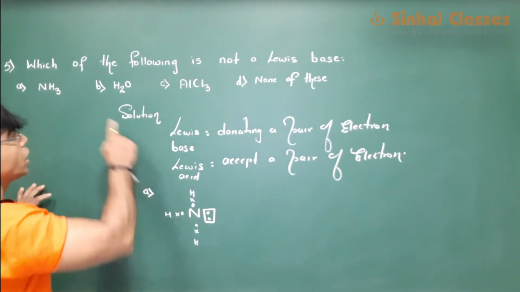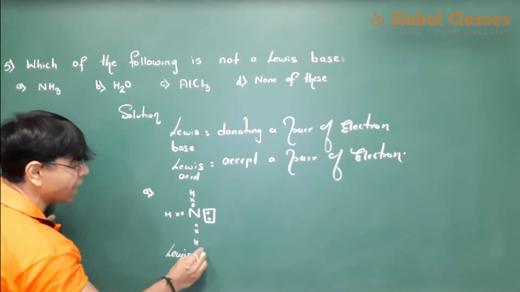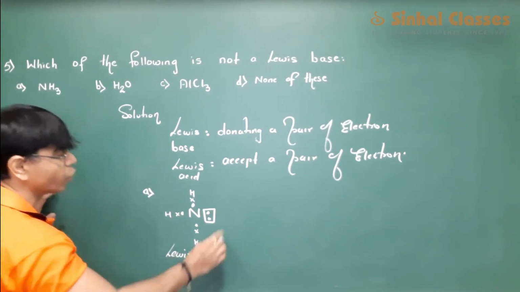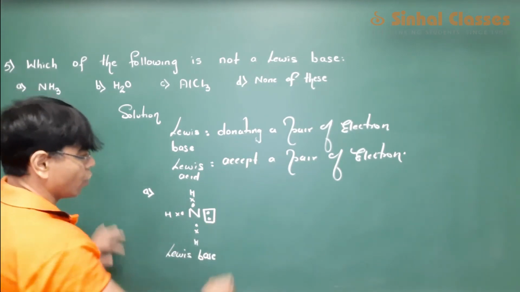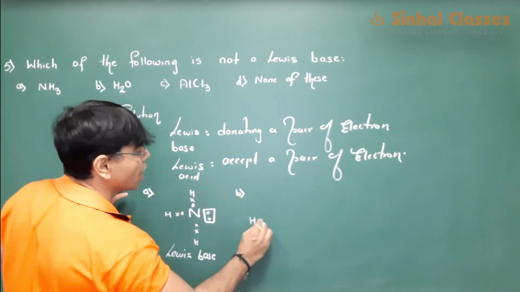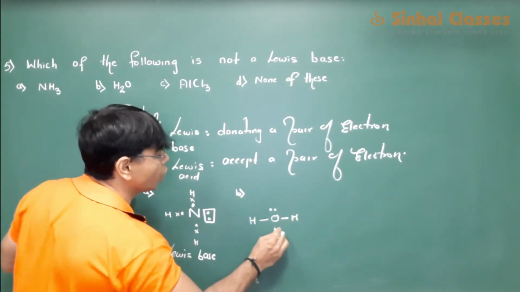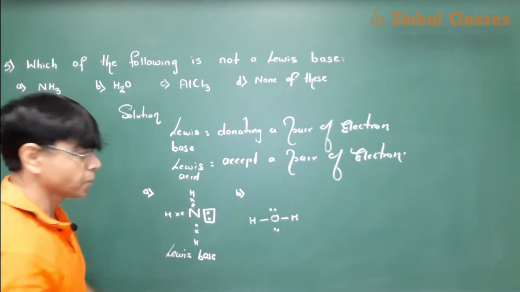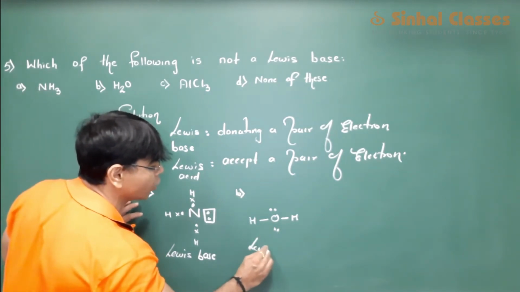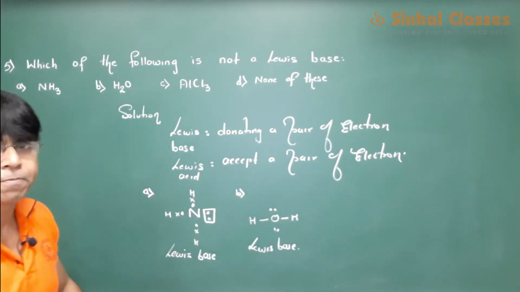So according to Lewis, ammonia is a Lewis base. What about the second option, B, water, HOH? Oxygen has 2 lone pairs. So again it is a Lewis base. It has 2 lone pairs.